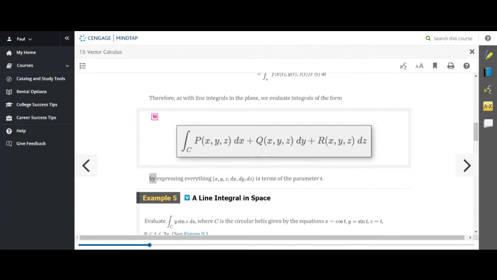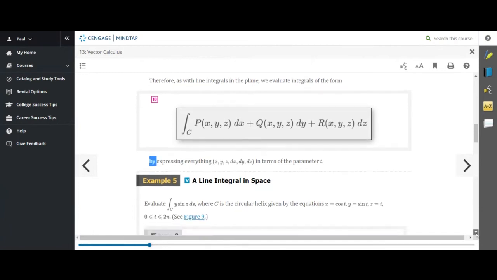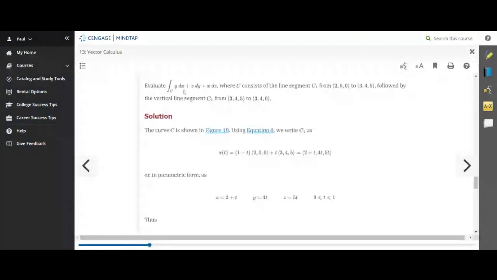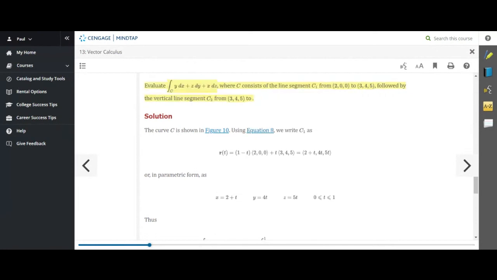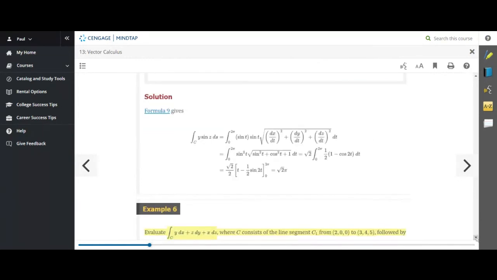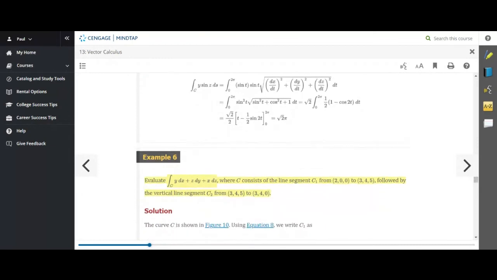Example 6 in the book has a nice example where they are finding the sum of three line integrals, and your path consists of two line segments, given in this picture here.